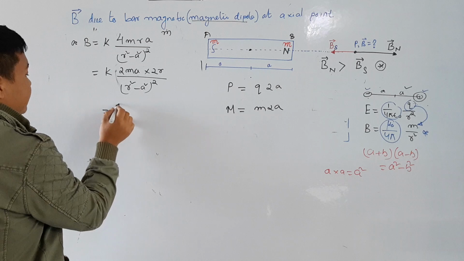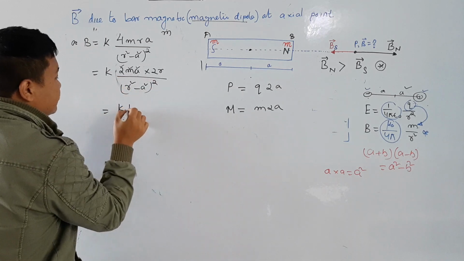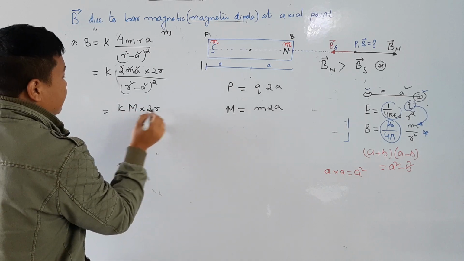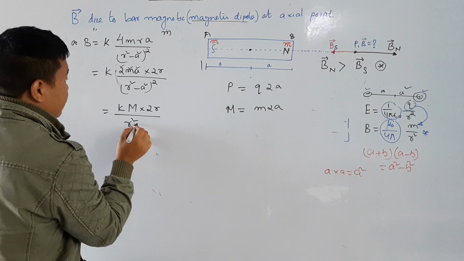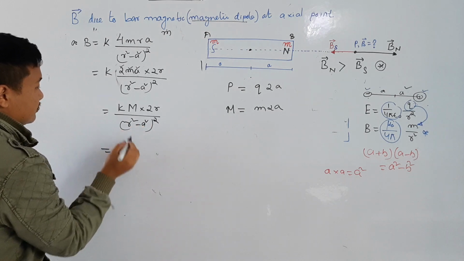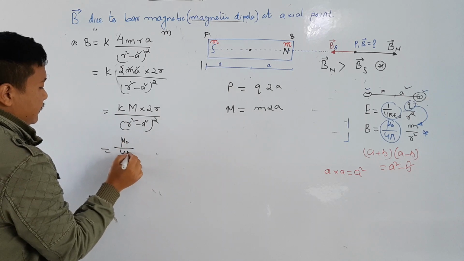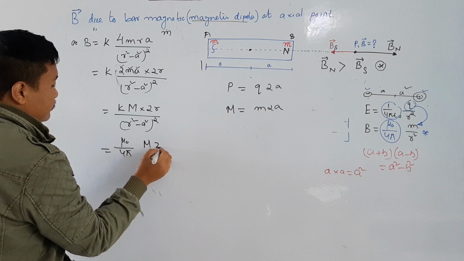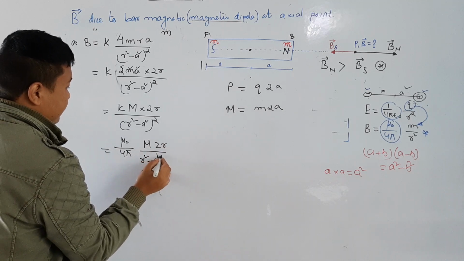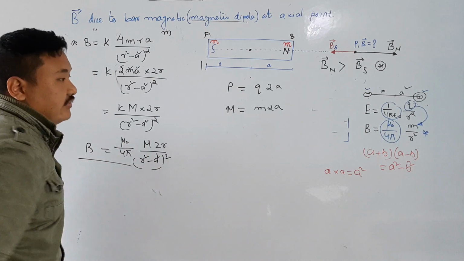So this can be written as K, this is M, this is 2, this is A, then this is my M into 2R divided by R square minus A square whole square. The value of K is mu naught by 4 pi. M 2R divided by R square minus A square whole square is the net magnetic field.